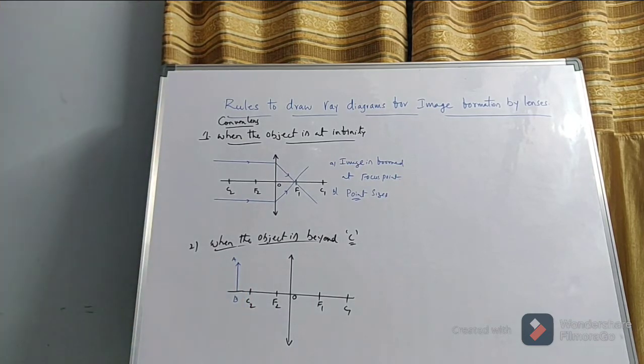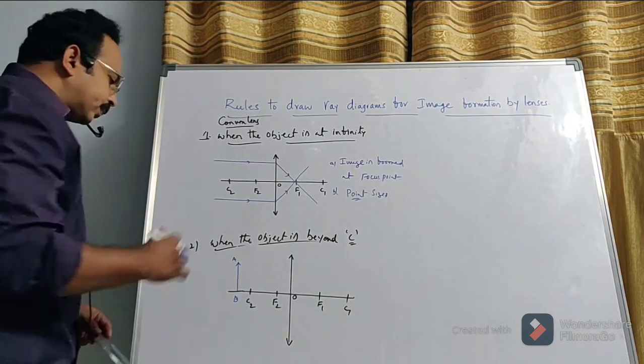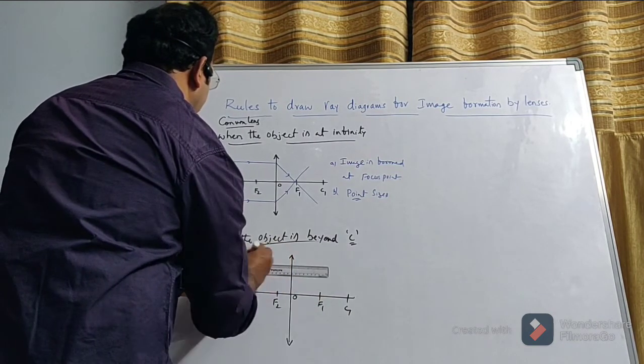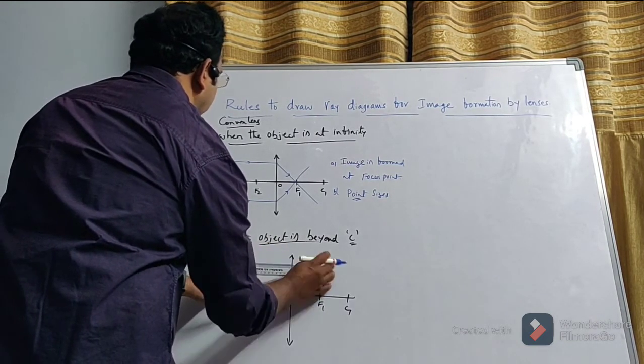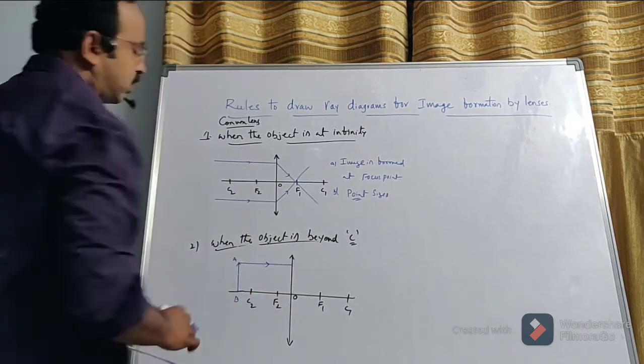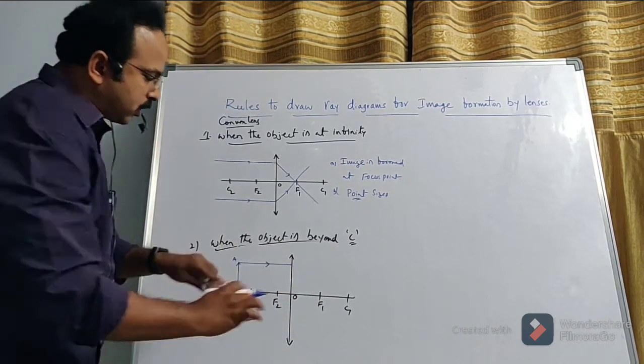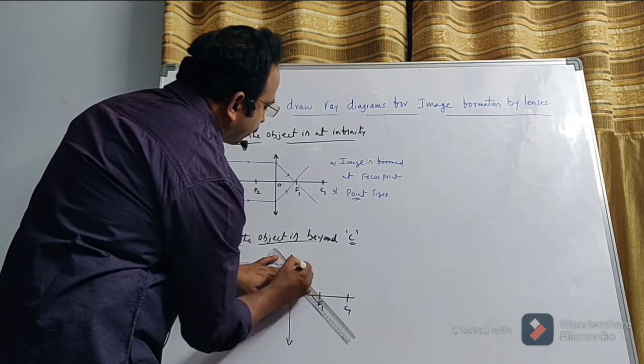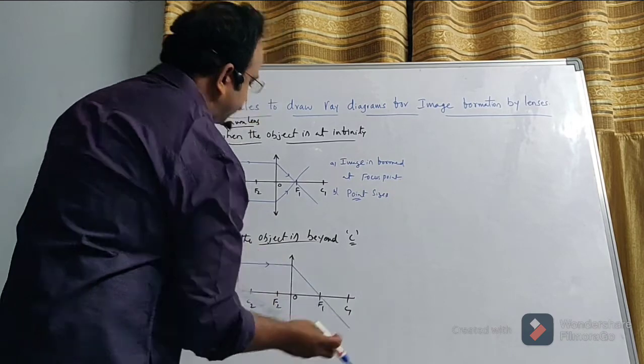Let us see how the image will be formed in this case. When we keep the object, we can take any two light rays. One light ray parallel to the principal axis. We know that a ray parallel to the principal axis will pass through the focus. This is clearly understood.